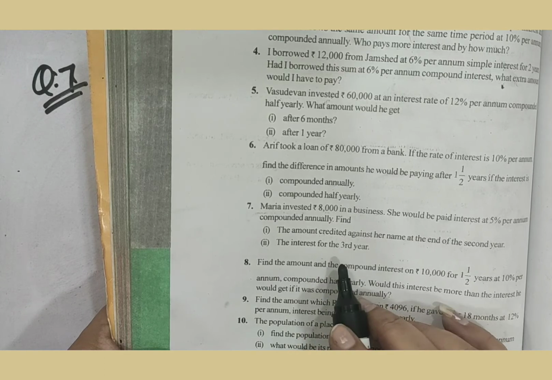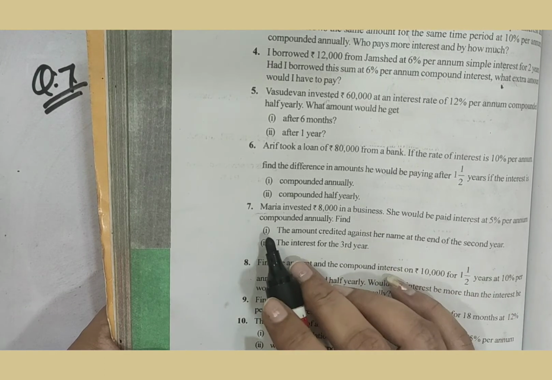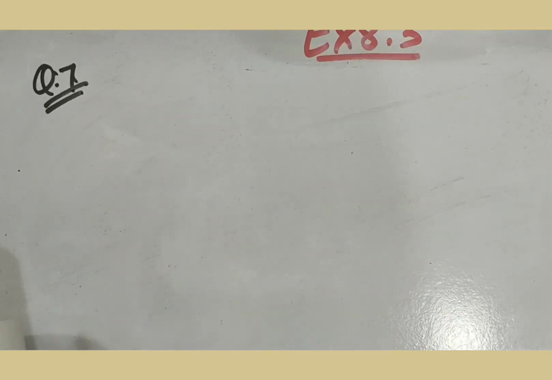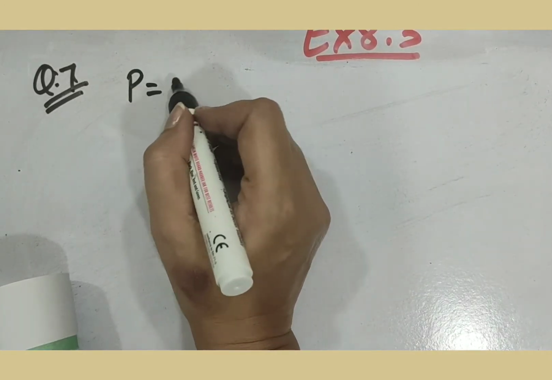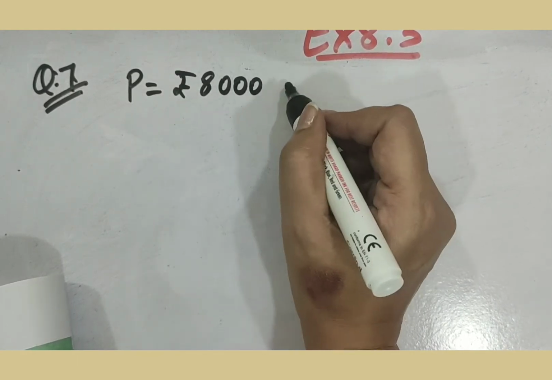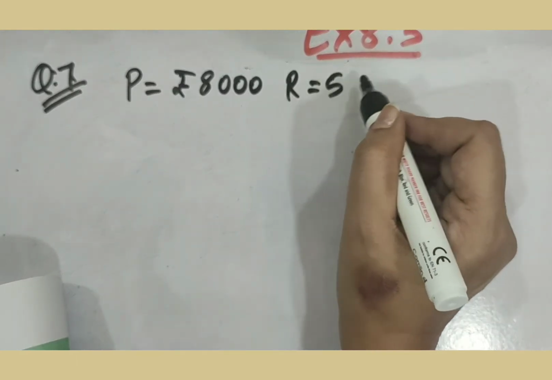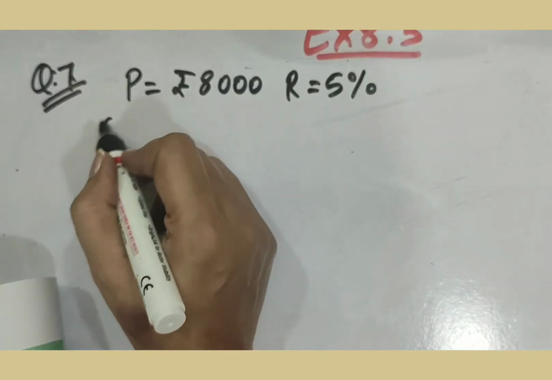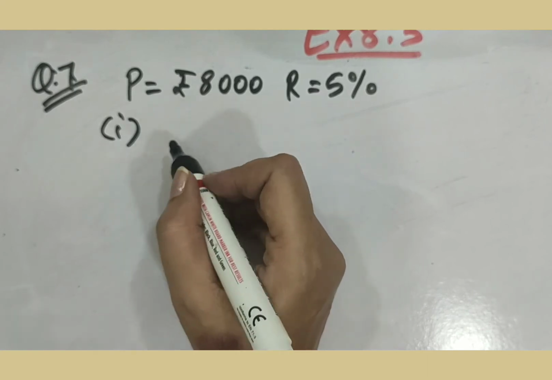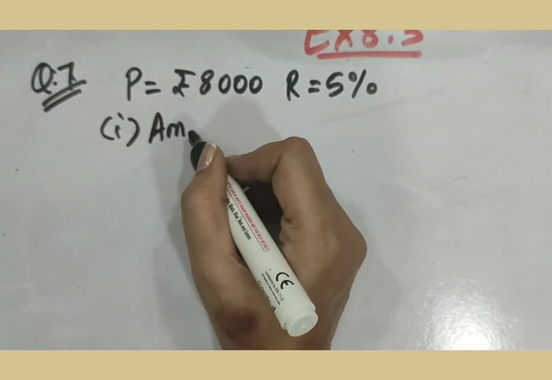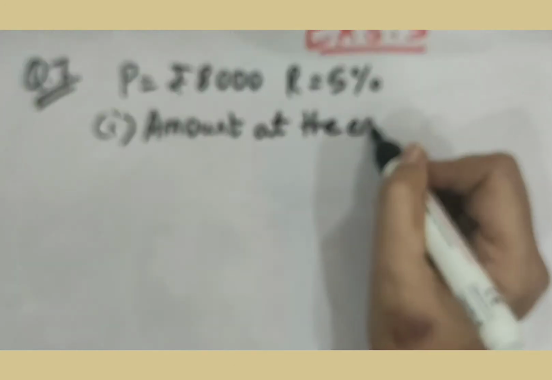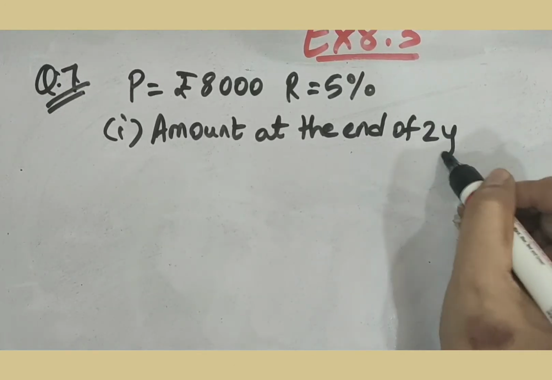Our first question is to find how much amount will be credited at the end of second year. So here we are going to take time as 2 years, and the second question is to find the interest for the third year. So that we will calculate separately, and here the interest is compounded annually. So we are going to use that formula. Let us do. My principal is equal to rupees 8,000, rate is equal to 5%. Now my first question is how much amount at the end of 2 years.